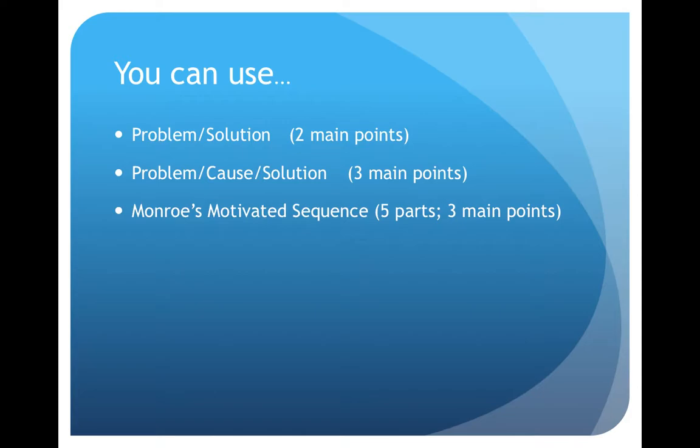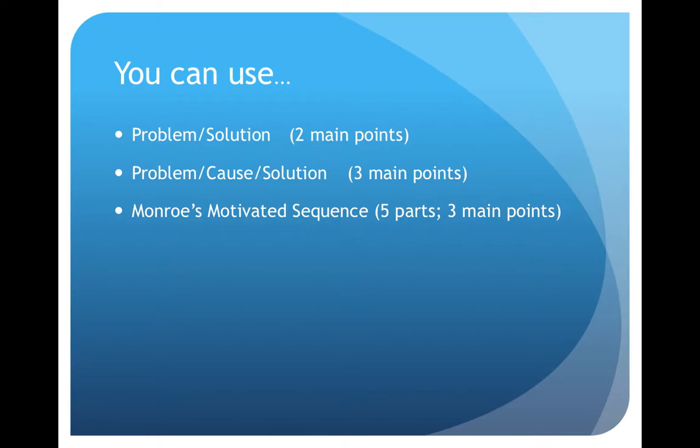And the third strategy that I'll be discussing in this video is Monroe's motivated sequence, which I highly recommend that you consider using for this speech. Technically, Monroe's motivated sequence has 5 steps to it, or parts to it. However, the 3 middle parts, or the 3 middle steps of Monroe's motivated sequence, make up the body of the speech.